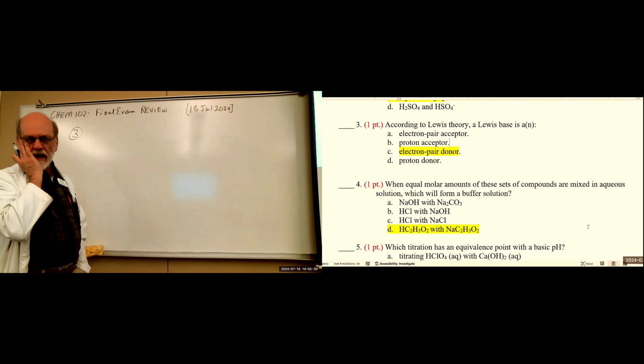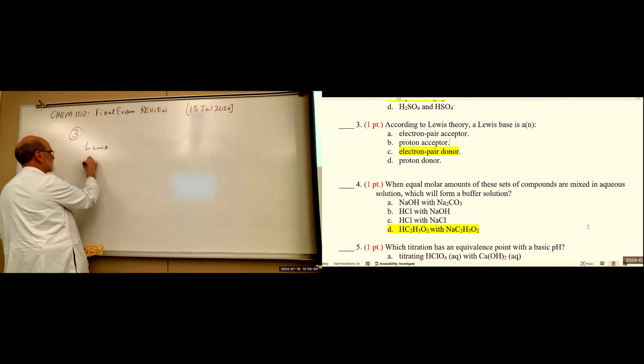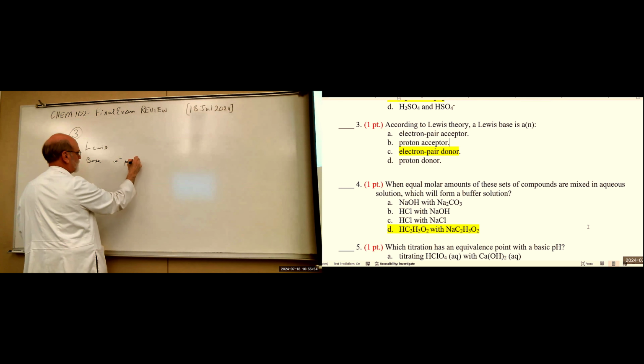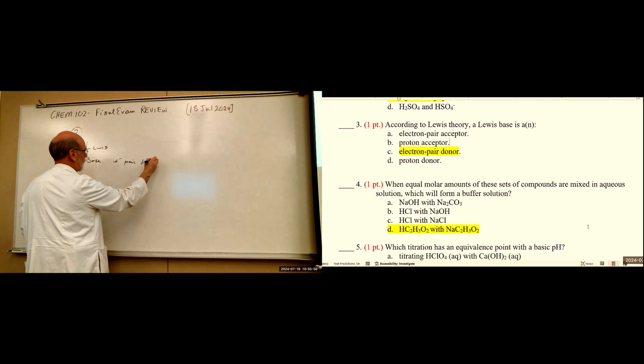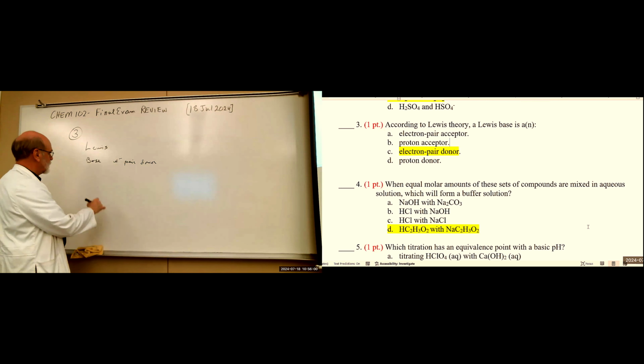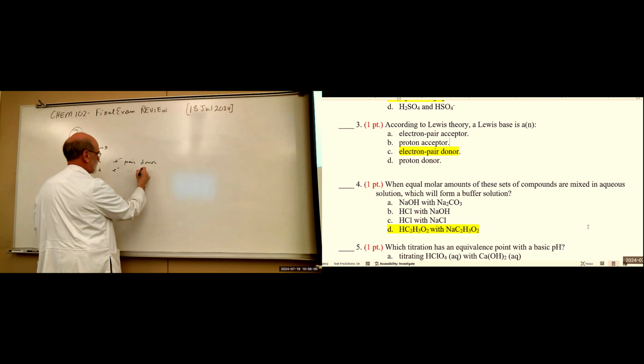Okay, number 3. According to the Lewis theory, a Lewis base is what? This is just definitional. A Lewis base is an electron pair donor. A Lewis acid then would be an electron pair acceptor.